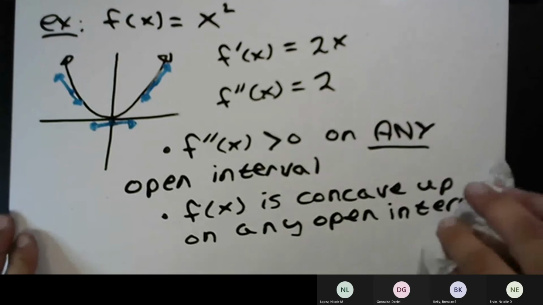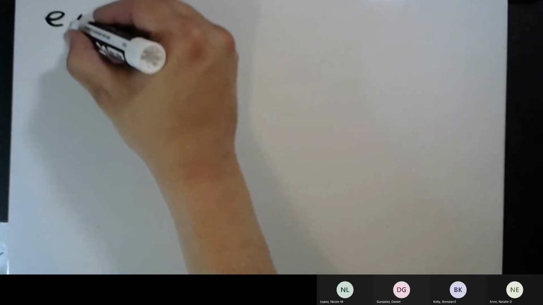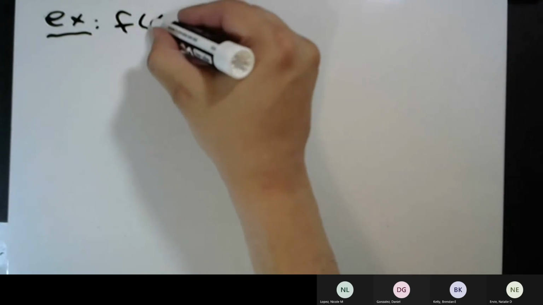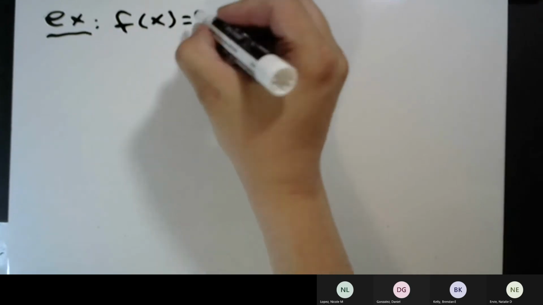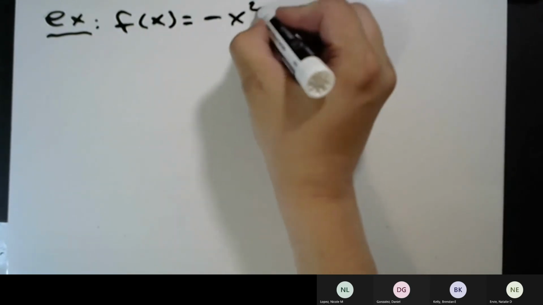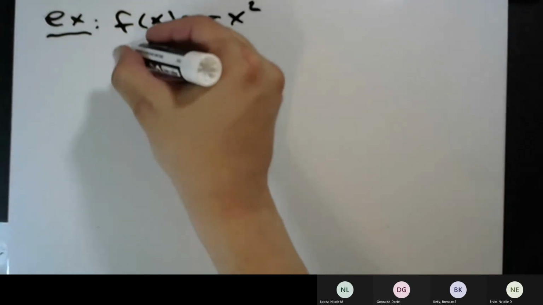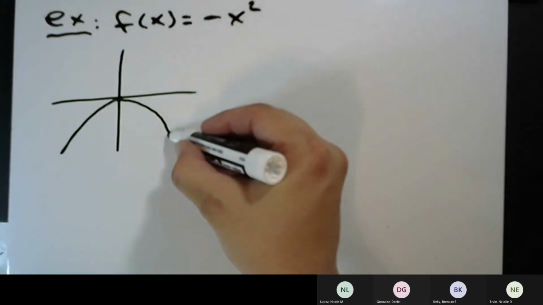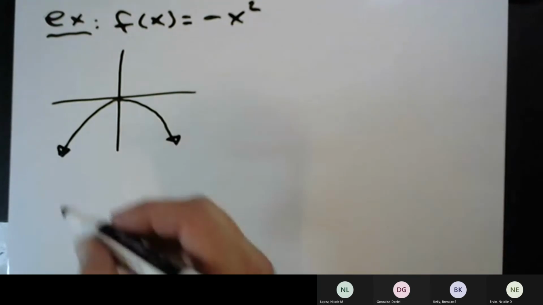All right. Now, if we do another example, let's say we have negative x squared. If we graph this, you get something that looks like this.